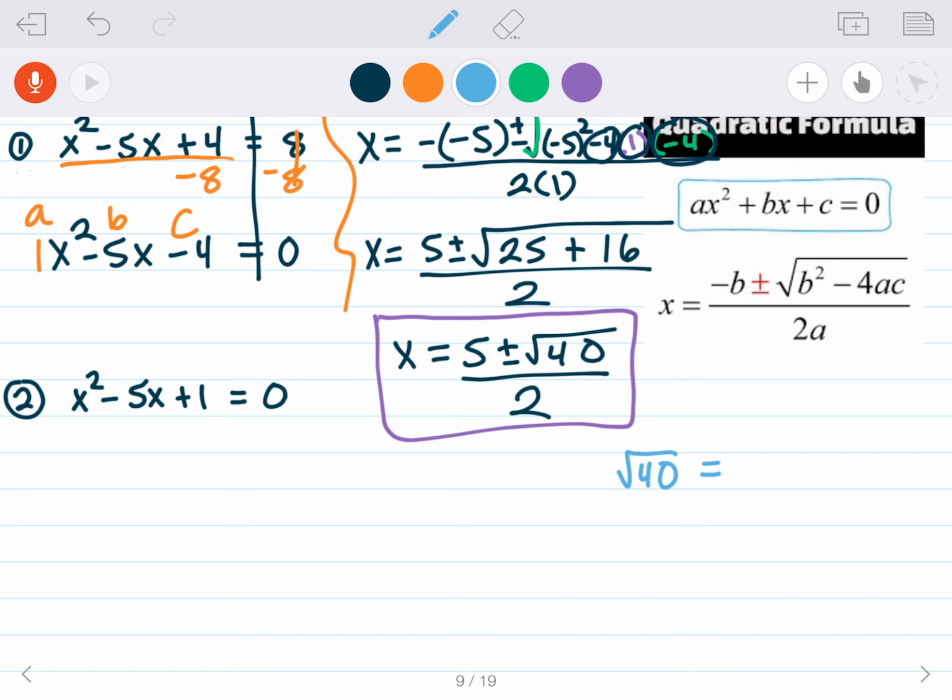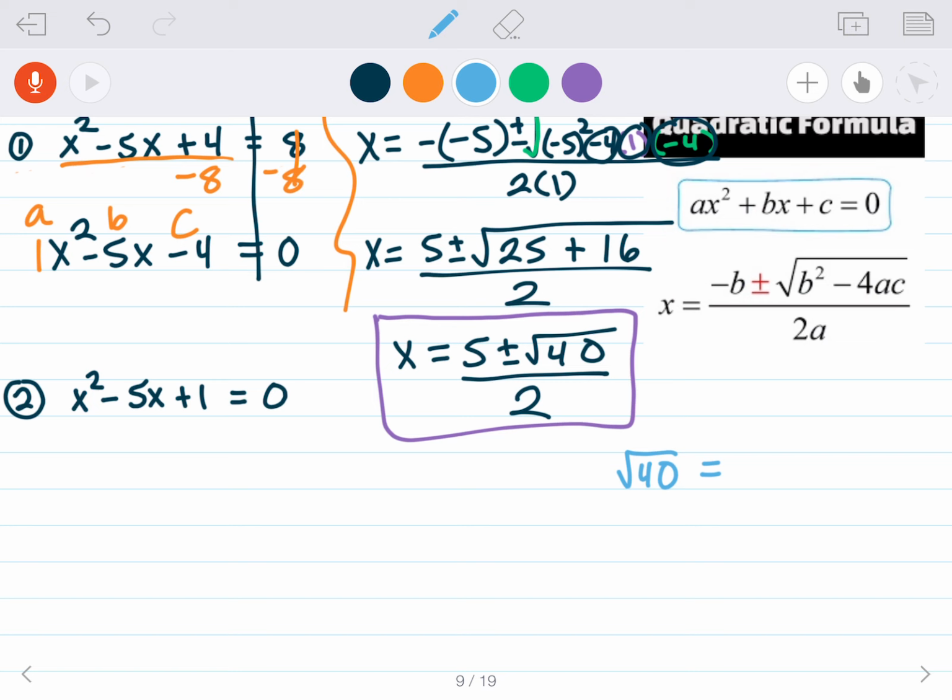For example, 4 is a perfect square because the square root of 4 is just 2. It's not a decimal. Or 9 is a perfect square because the square root of 9 is 3. What's next? 4 squared is 16, so 16 is a perfect square. 5 squared is 25, so 25 is a perfect square. So you want to think about factors, numbers that multiply to 40 that are perfect squares.